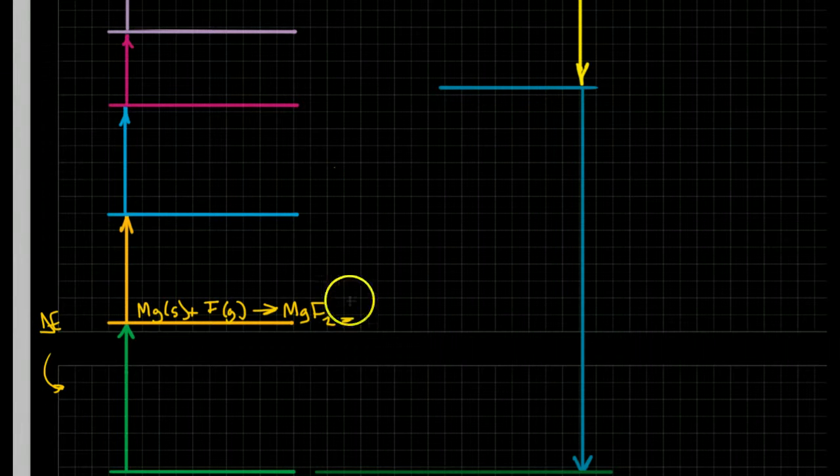All right, here we go. First of all, I'm going to take this magnesium solid, and I need to sublimate it because we're always going to work with a gas, right? So here we go.